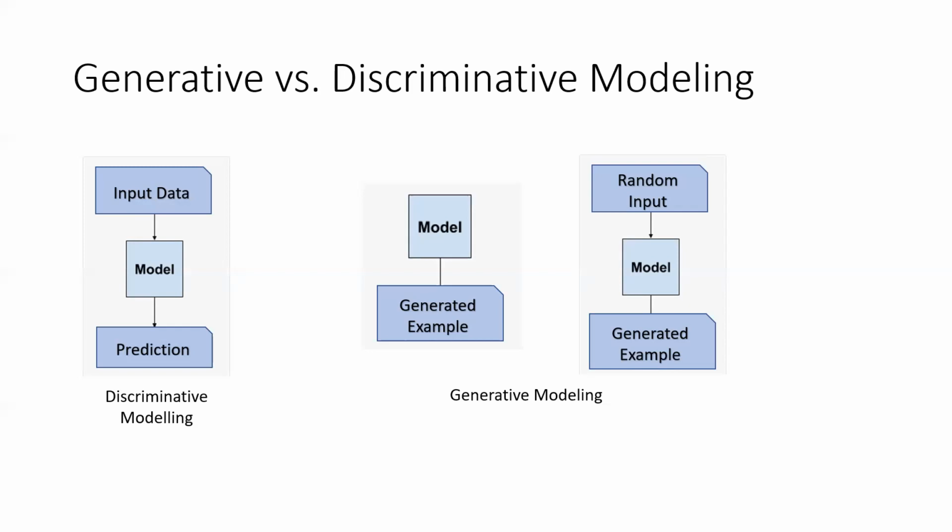In reality, because a function is not an active thing, what usually happens is what I have in the right part of the slide, where the model is invoked using some input. Usually that input is random, and we give this input to the model, and the model can generate an example for the data class or the data that the model has been trained on.